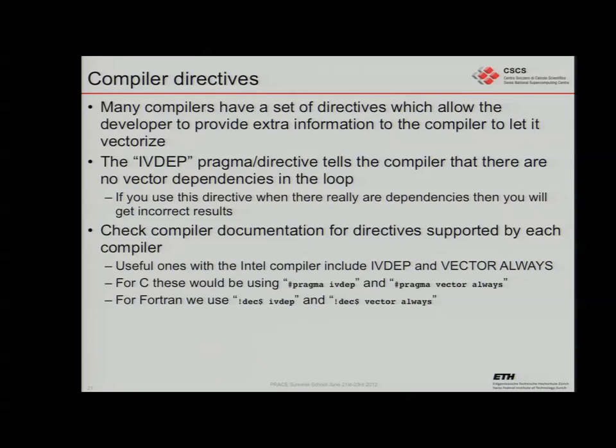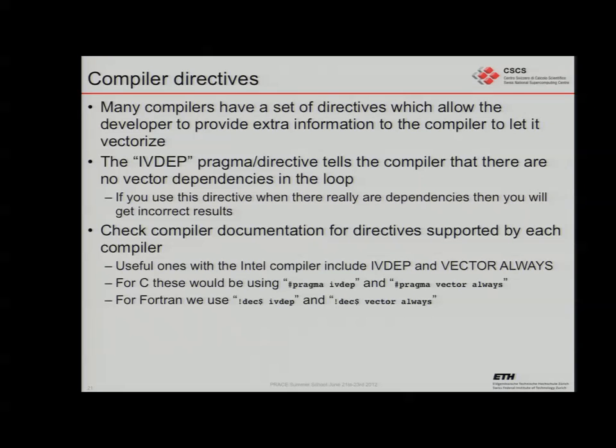One of the options, hopefully it would have reported, was maybe IVDEP. There's this set of compiler directives, and for example, for the Intel compiler, just look on Google for Intel compiler directives, and then click on the first entry, and you will get a list of compiler directives.